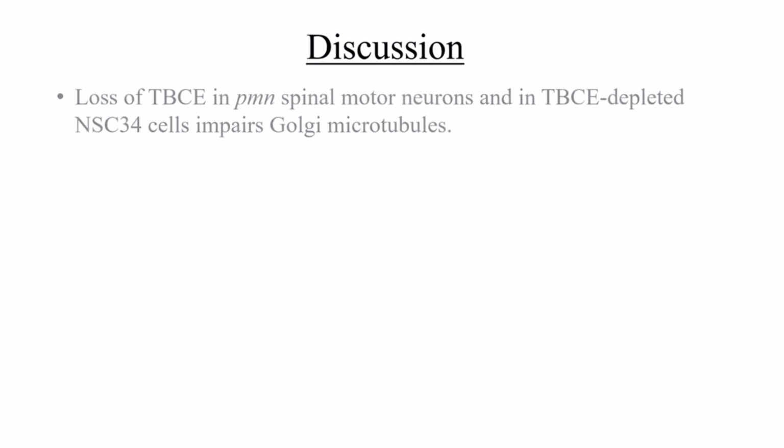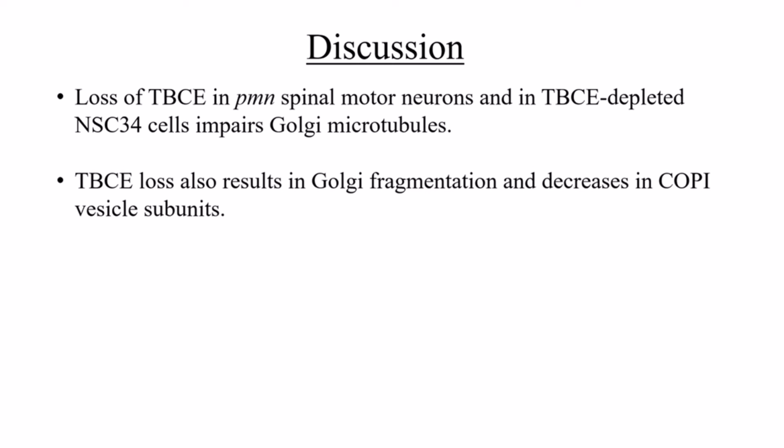So to sum up, the loss of TBCE in PMN spinal motor neurons and in TBCE depleted NSC34 cells impairs Golgi microtubules, and TBCE loss results in Golgi fragmentation and decreases in COPI vesicle subunits, as well as increased vesiculation.